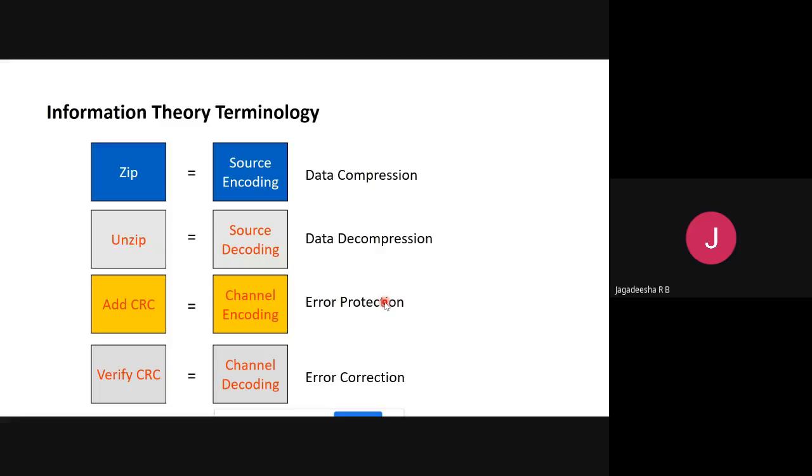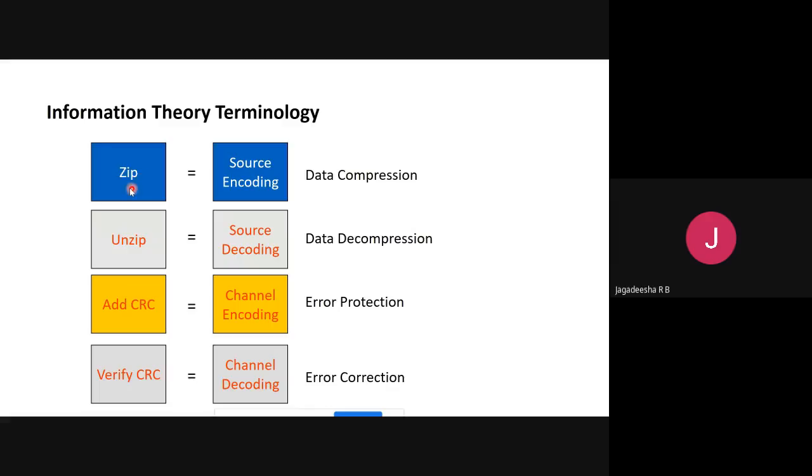So now, the information theory and the terminologies. When I say the word source encoding, it can usually be referred to as zipping the file. We use a zipper, right, for compressing different files into one folder, so that the size becomes much smaller than having individual files. So source coding can be related to something like zipping.